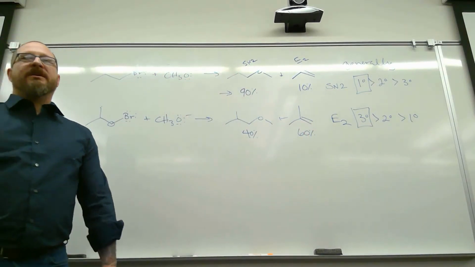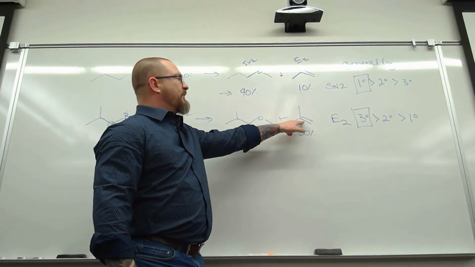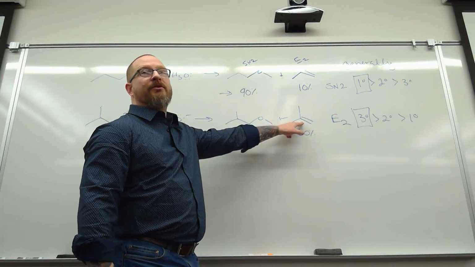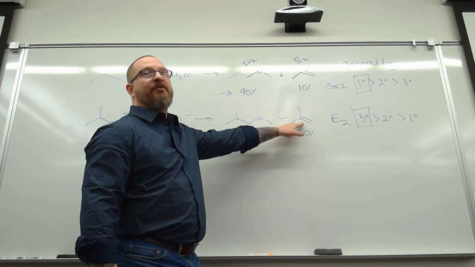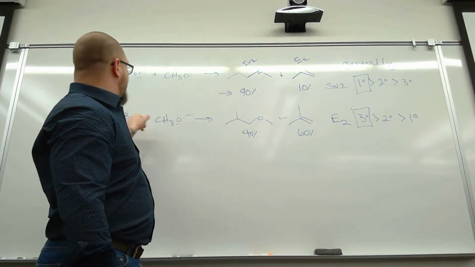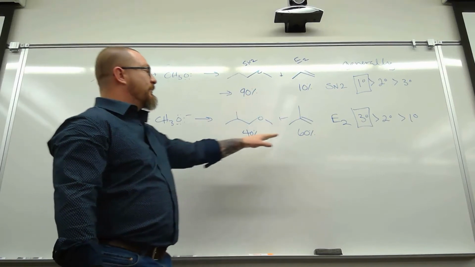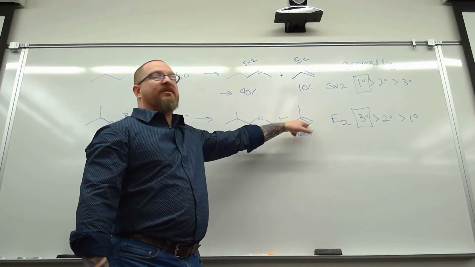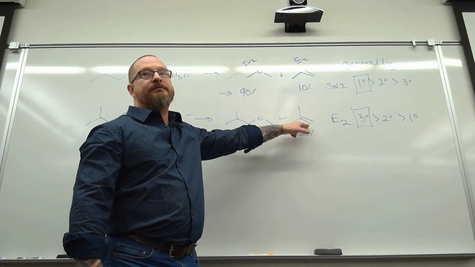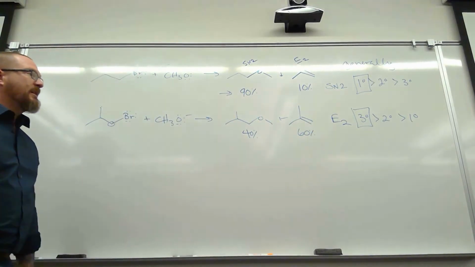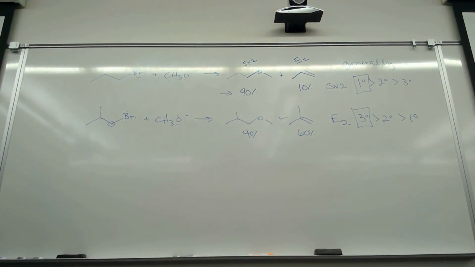Also note, because this is now a more substituted double bond, this is going to happen faster than I would have before, even though we're eliminating from a primary position. So that's another reason these bulky groups are starting to stabilize this mechanism. In this particular case, you would have a mixture of products.